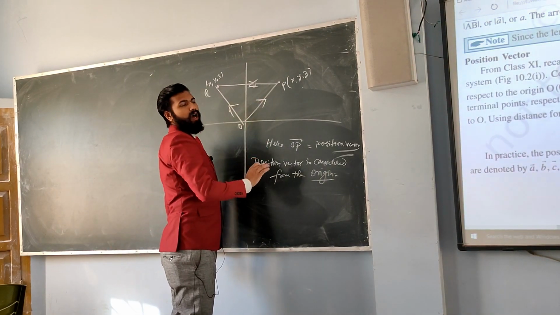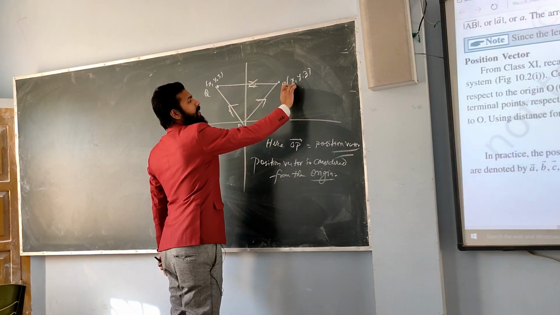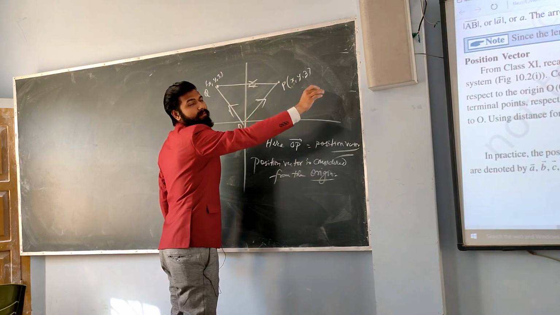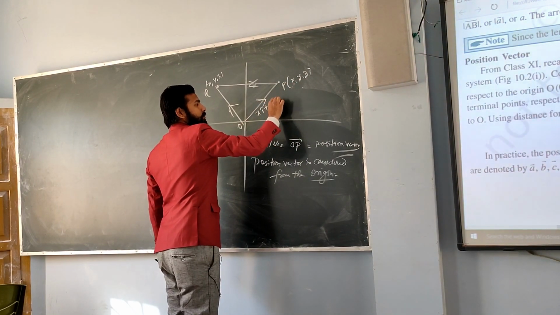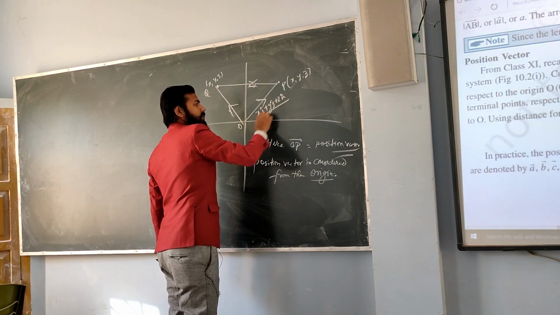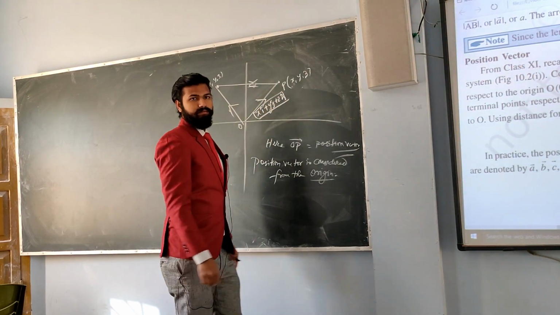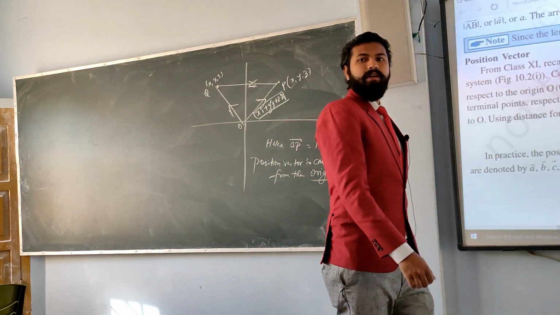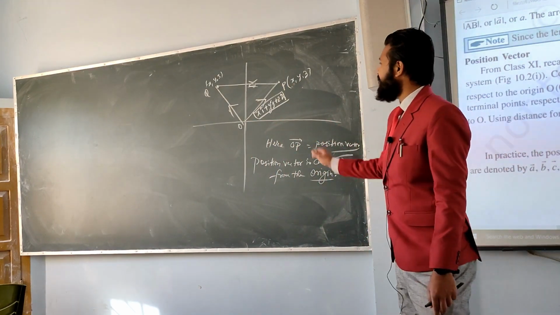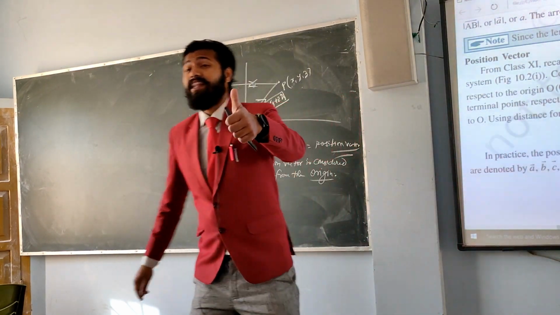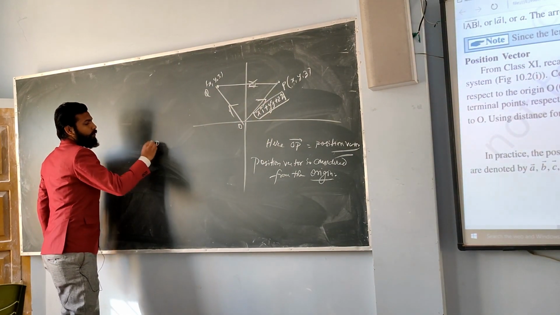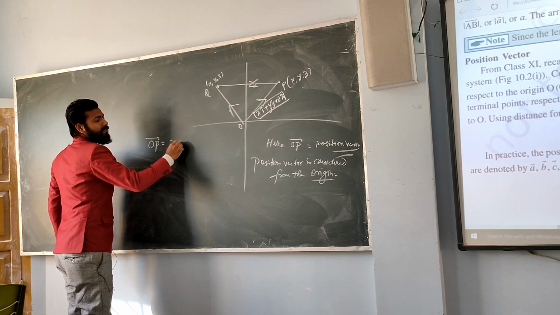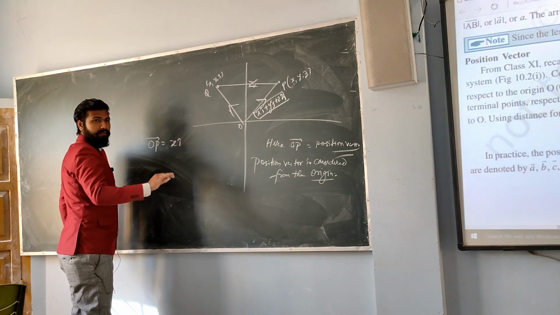So how to represent this OP vector? What does x represent? The x direction. We write xi + yj + zk. This is your position vector. So what is the position vector in this case? OP vector is xi + yj + zk. Understood?